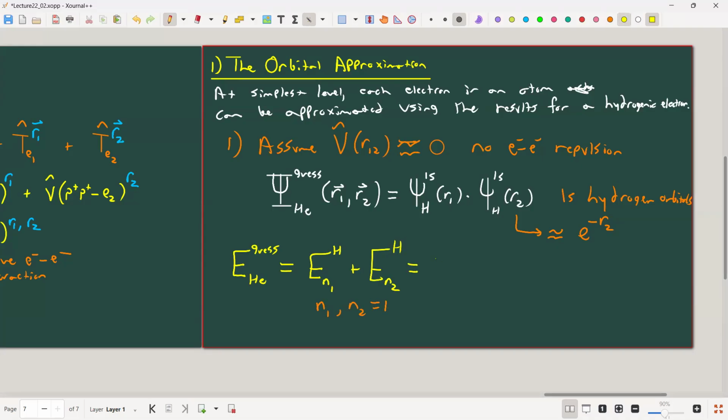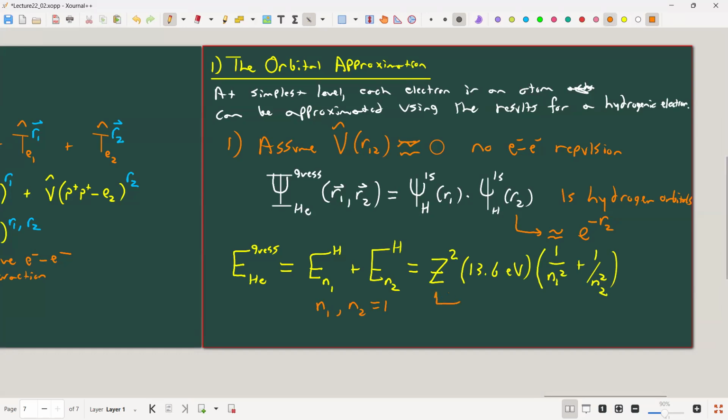So that's going to be minus 13.6 eV times (1 over n1 squared plus 1 over n2 squared), and then we multiply by Z squared, where Z is the charge. For helium, that's the number of protons, which is 2.